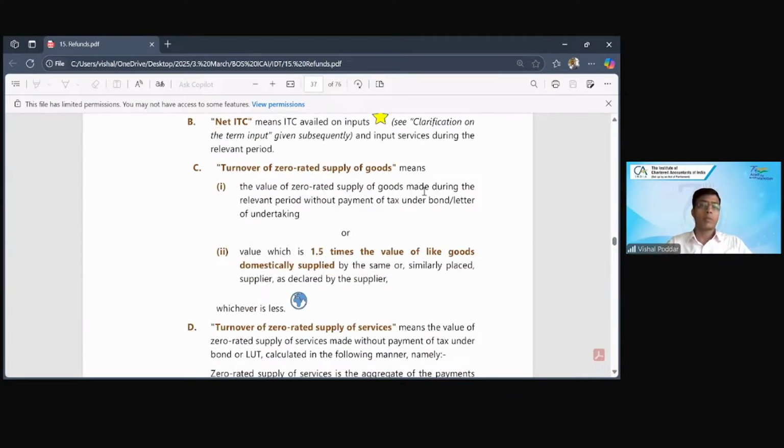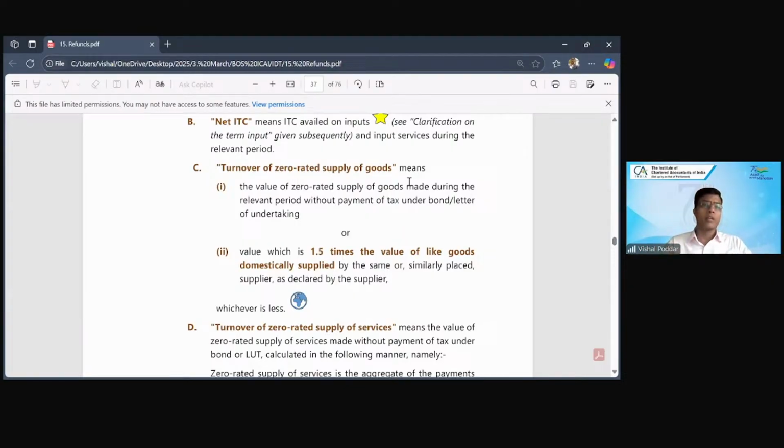Turnover of zero rated supply of goods means value of zero rated supply of goods made during the relevant period without payment of tax. So anyway, this refund is eligible or available when you are making outward supply, that is export, without charging GST. Then only we come to the formula.